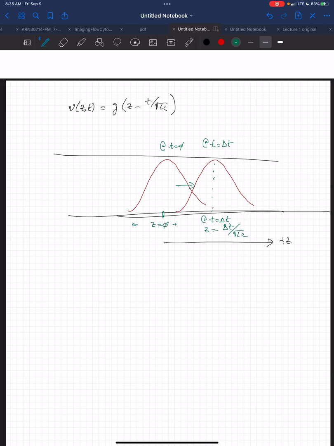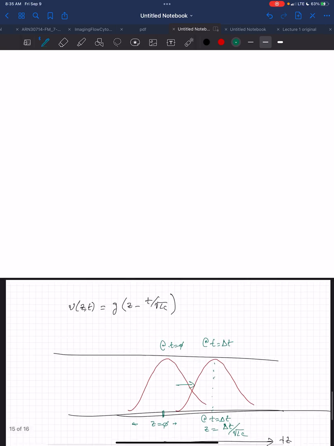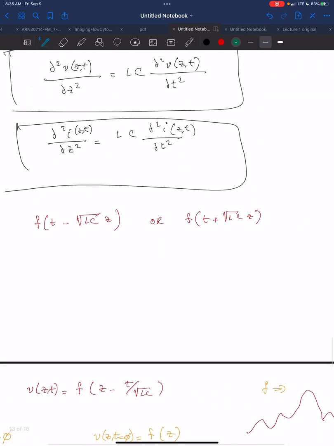So what else do I want to say about this? The other thing I said was that a solution to this wave equation, did I say this? Yes, I did say it. A solution to the wave equation could be either t minus square root of LC times z, or it could be t plus square root of LC times z.